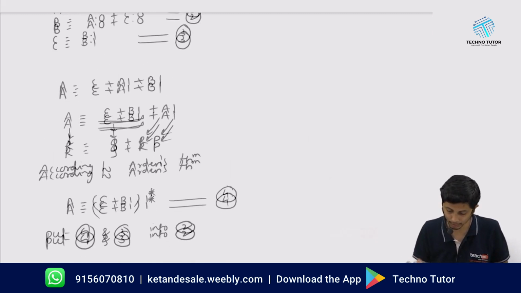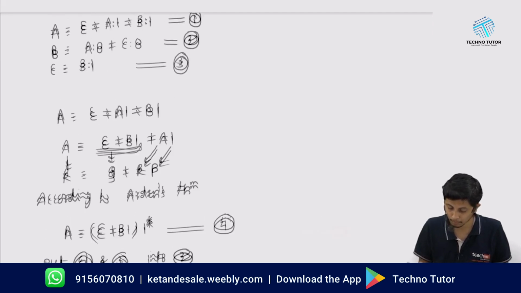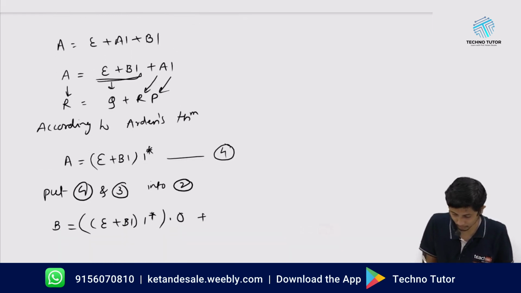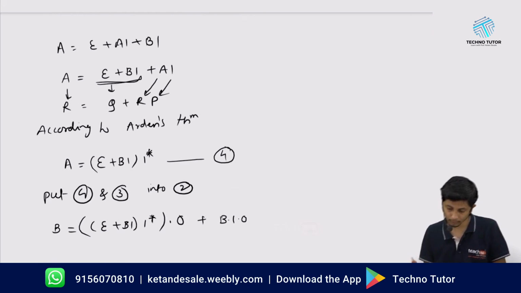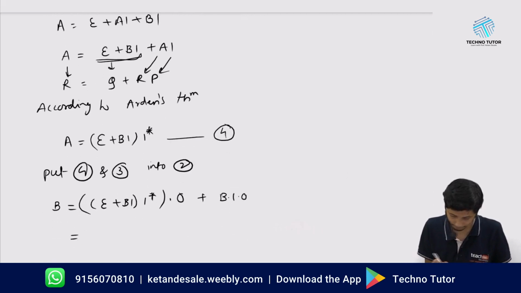So B is equal to A dot 0, so A means this A dot 0 plus C का equation है B dot 1 dot 0. Okay, now we will just first solve it. Okay, 1 star.